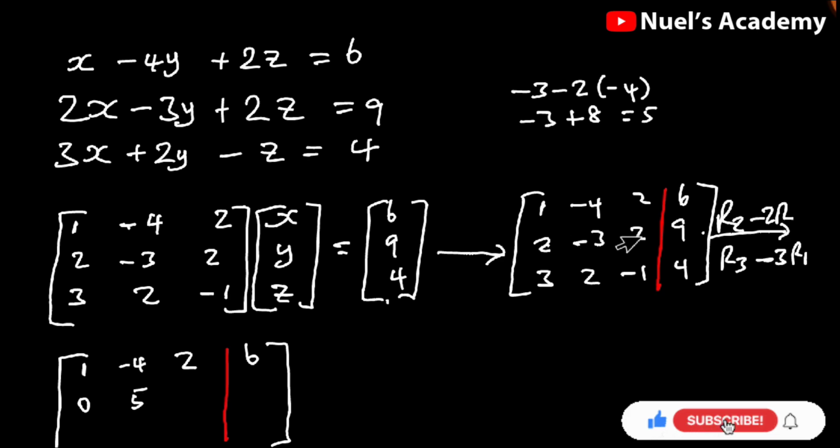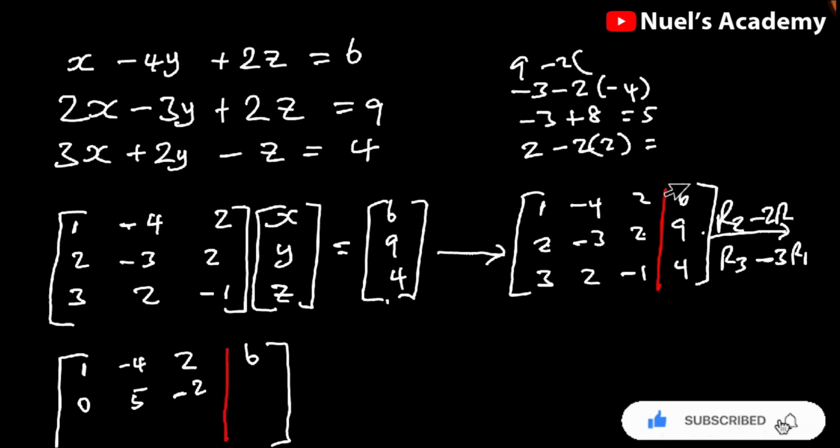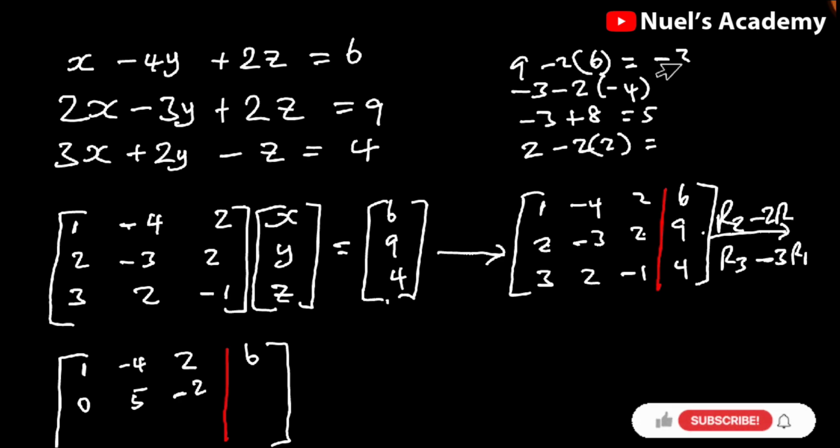And then for this third element here, we have 2 minus 2 times 2, which is 2 minus 4, equal to -2. And then for this 9 here, we have 9 minus 2 times 6, alright? 2 times 6 is 12, and 9 minus 12 is equal to -3.